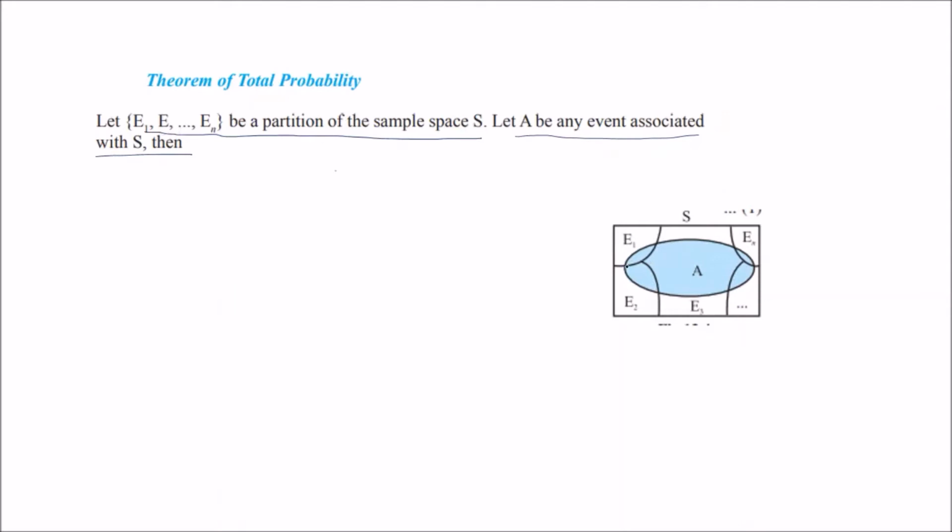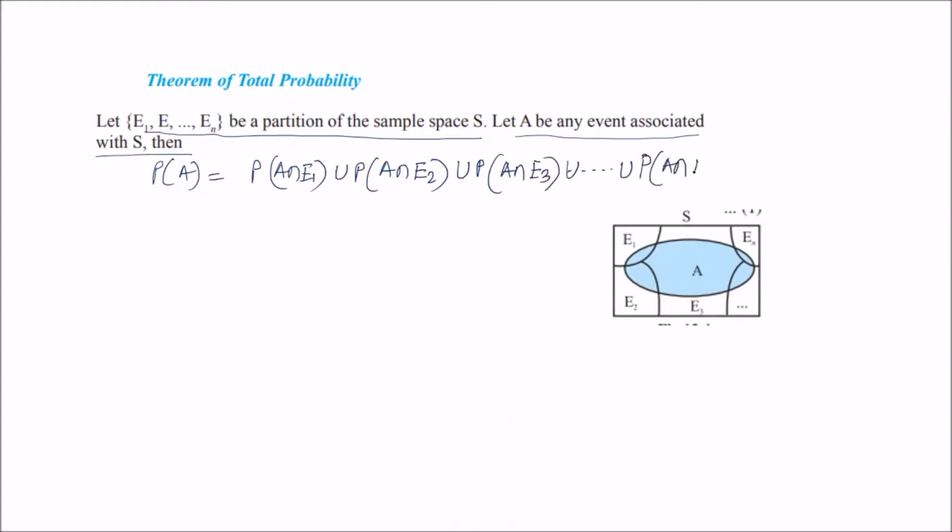Then the probability of A will be the probability of A intersection E1, union the probability of A intersection E2, union the probability of A intersection E3, up to the probability of A intersection En, or just their addition.